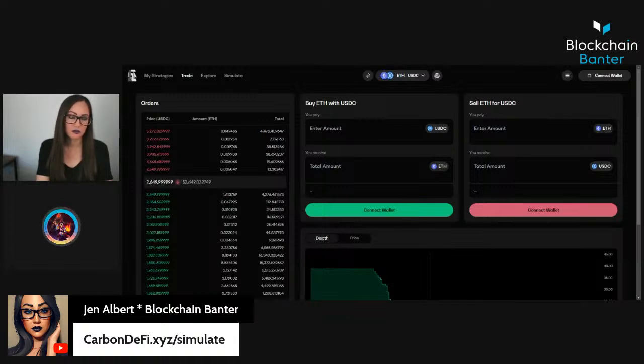I think eventually the goal is to also make from there, but I cannot provide any timelines for that. It's an ultimate goal, but obviously there are other priorities. Yeah. I think there's just a lot of room to grow with Carbon DeFi, which is exciting.